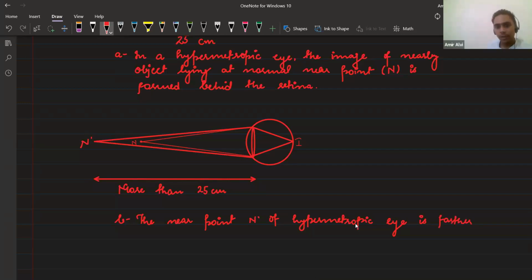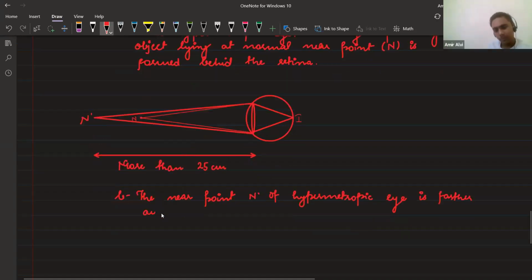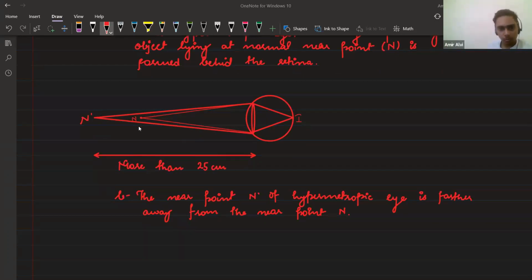Farther away from the near point. Clear? So this is the normal near point.